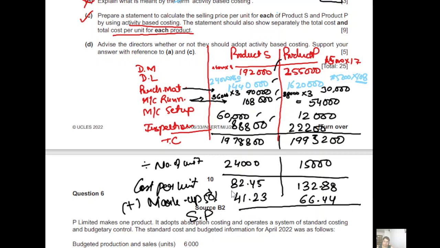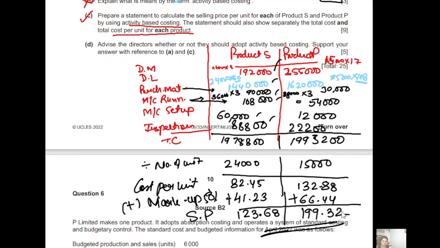Your selling price is 82.45 plus 41.23, that is 123.68. And for the other product, the selling price is 132.88 plus 66.44, that is 199.32. So this is the way you find it by using ABC.